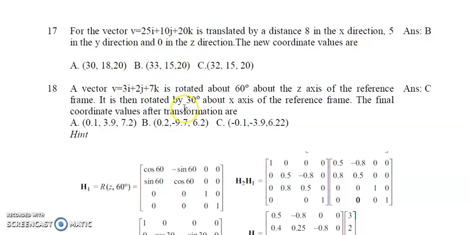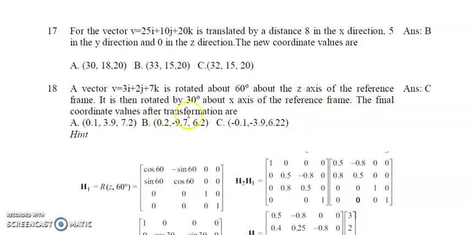Okay. So question number 18: a vector B, 3i plus 2j plus 7k, is rotated 60 degrees about the z axis of the reference frame. It is then rotated by 30 degrees about the x axis of the reference frame.